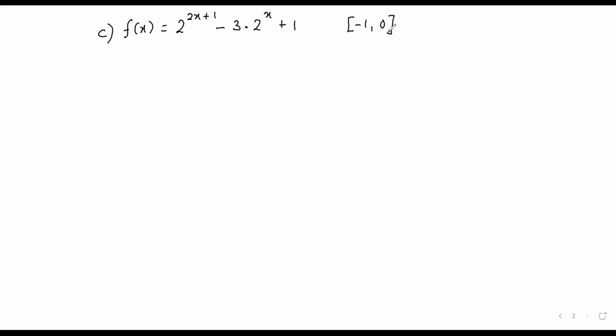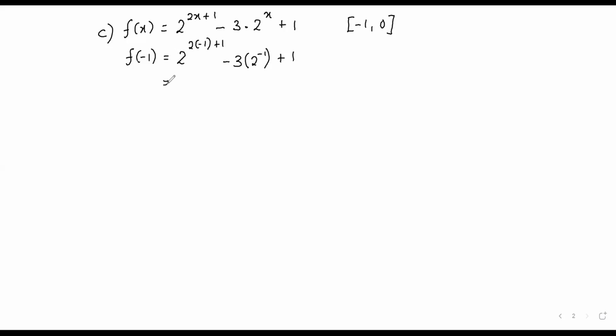And then we check if f of -1 is equal to 0. That would be 2 to the power 2 times -1 plus 1, minus 3 times 2 to the power -1 plus 1.